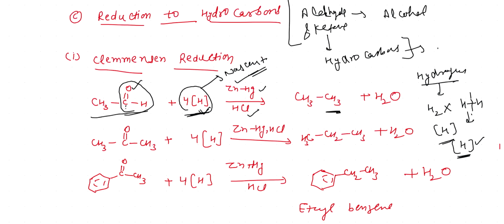And the source of nascent hydrogen is HCl. When you are using zinc amalgam plus HCl, it will provide you four nascent hydrogen atoms. So here there will be more molecules, four molecules of HCl. It depends on how many molecules of HCl we are using. And further there is formation of zinc chloride.